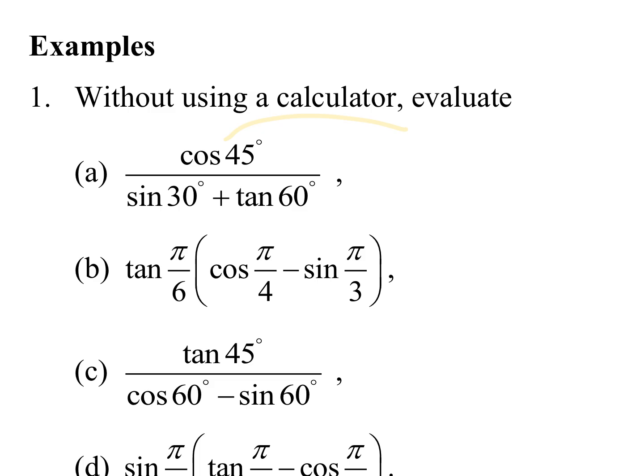Obviously, you used a calculator. So you cannot show me that. You must be able to tell me that this is 1 over root 2. Although technically you can use a calculator, just use it intelligently. Sine 30 is the half, and then tangent 60 is the root 3.